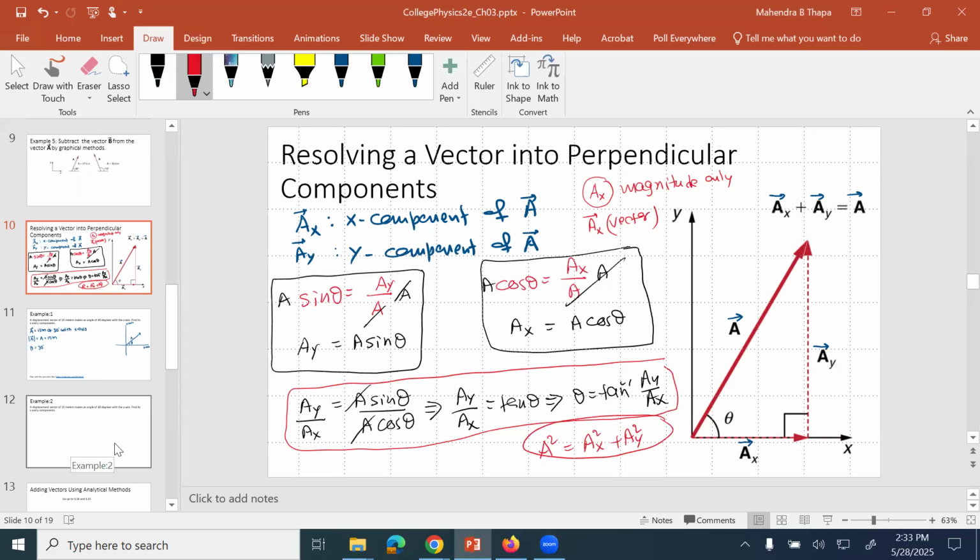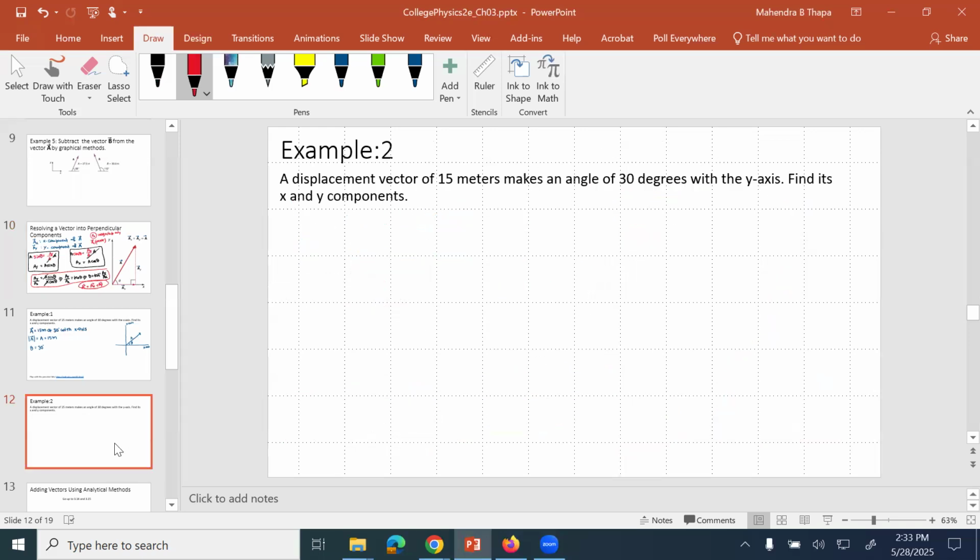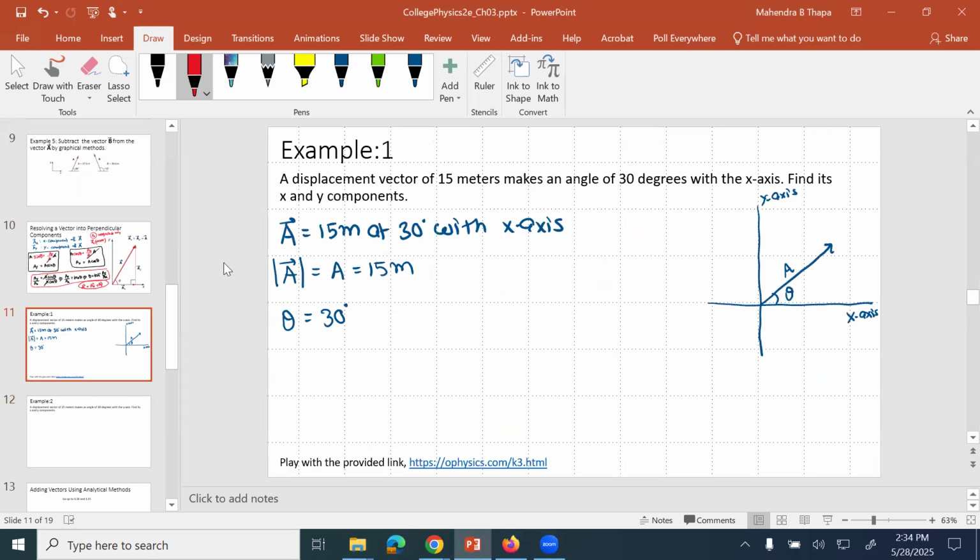Let's use this concept for example 1. Here the vector is 15 meter at 30 degree with x-axis. So vector A, if you just write A without a vector symbol, this is a scalar number, 15 meter, and theta is equal to 30. I can use the similar concept here. This is y component, this is your x component. You can use the previous concept of SOHCAHTOA.